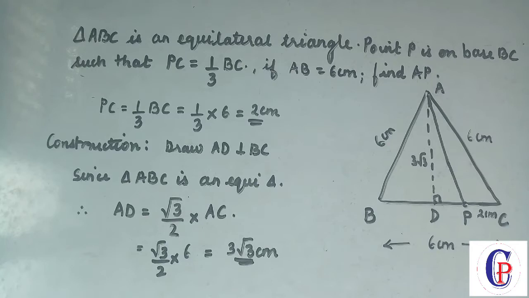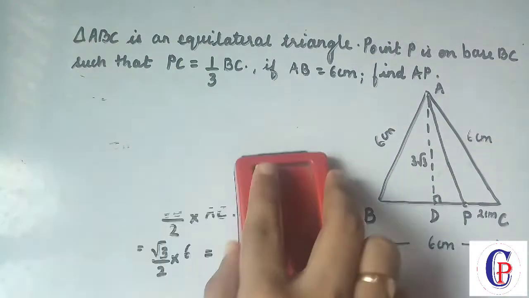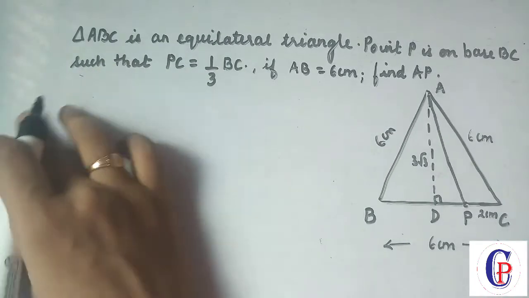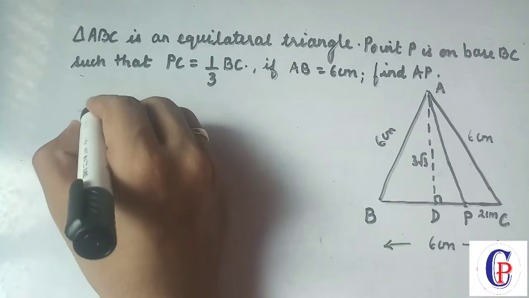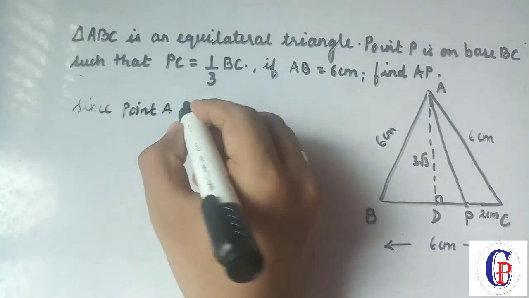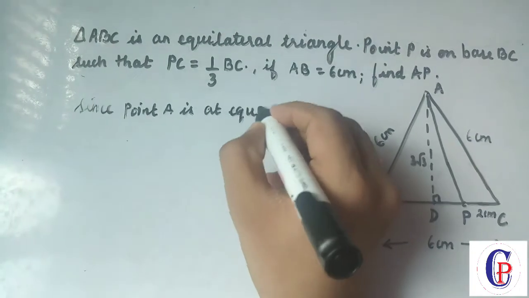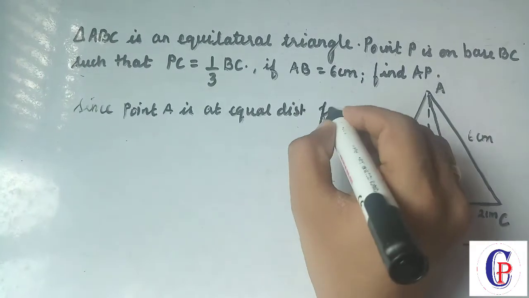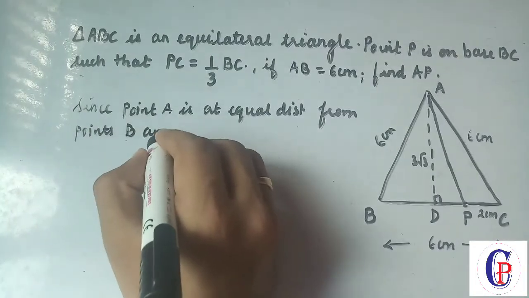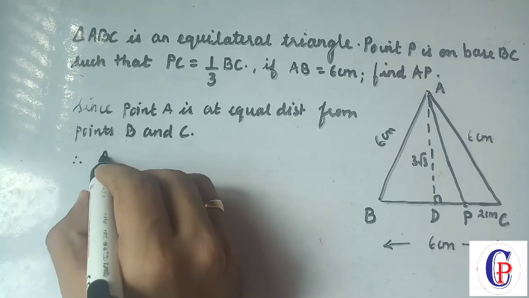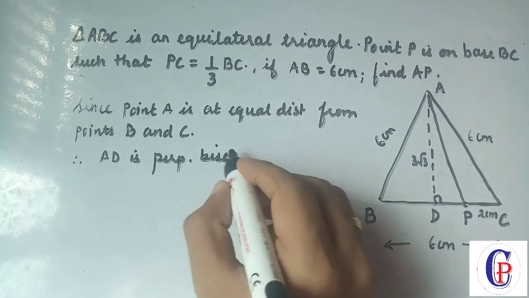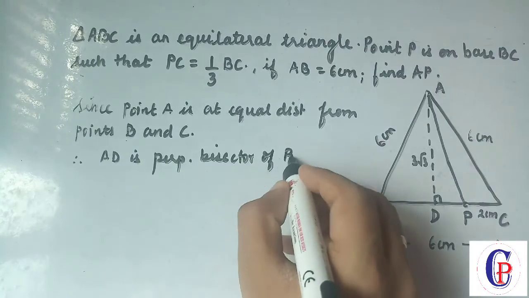Okay, BD is equal to DC. I will drop this now. Okay, so we have BD is equal to DC. Okay, so we will say that since point A is at equal distance from points B and C, therefore AD is the perpendicular bisector of BC.